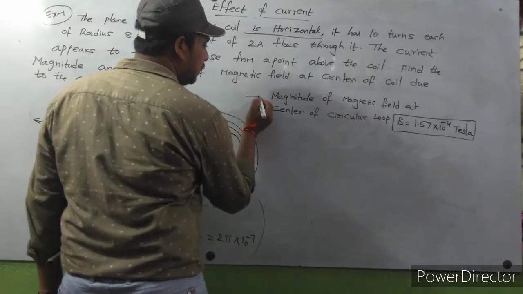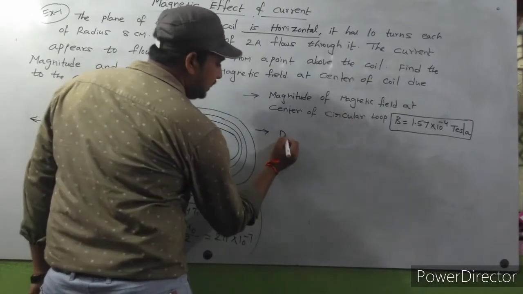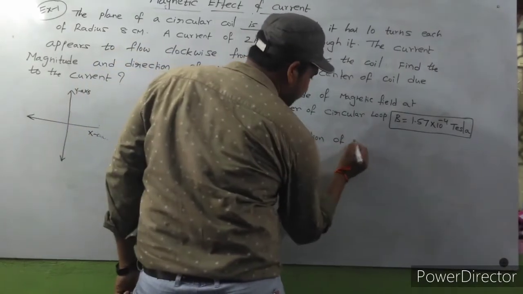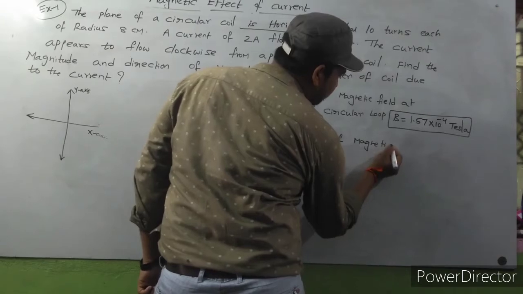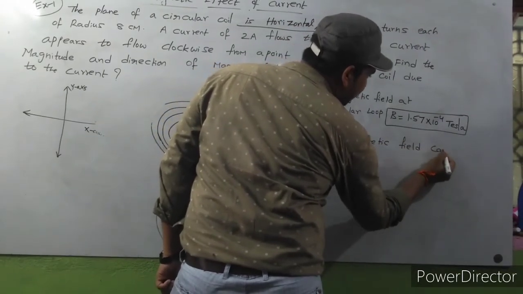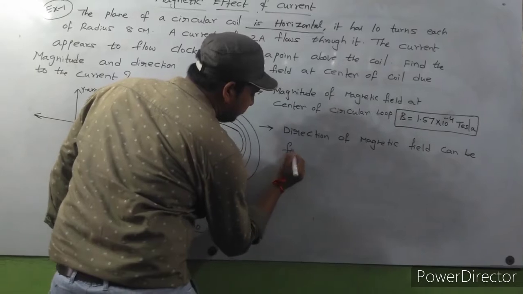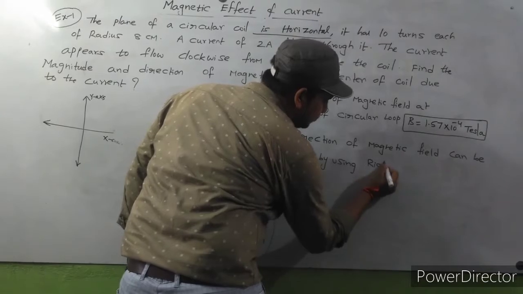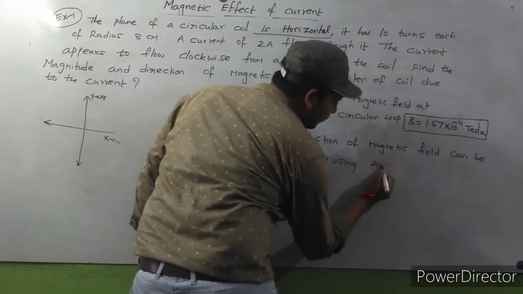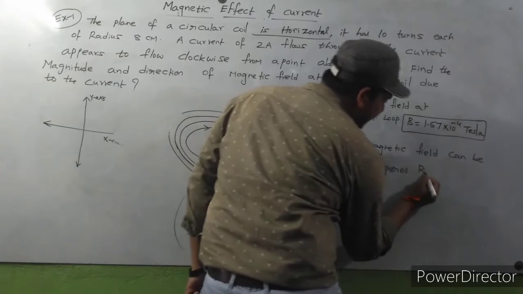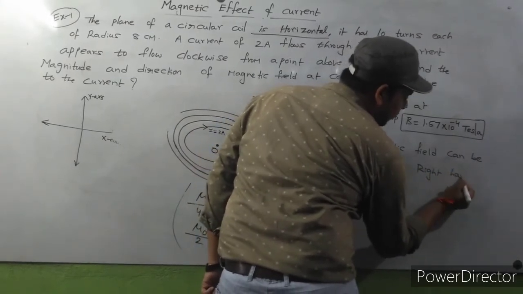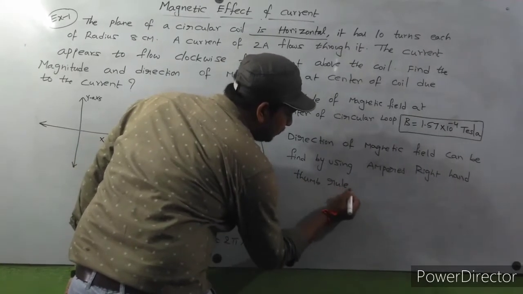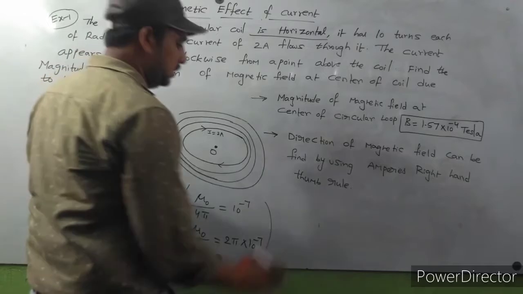Next, the direction. The direction of the magnetic field can be found by using Ampere's right hand thumb rule.